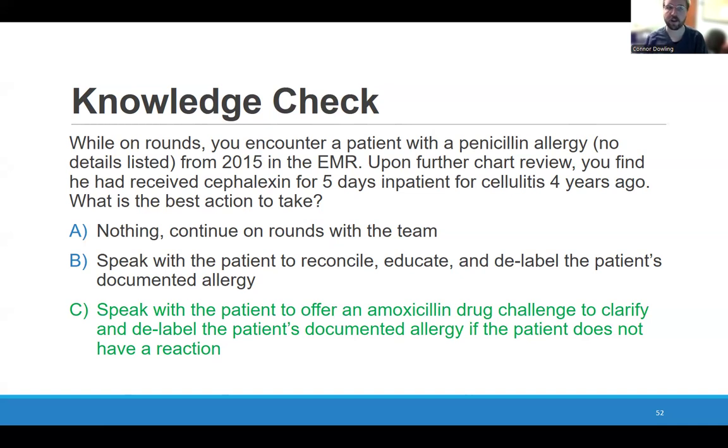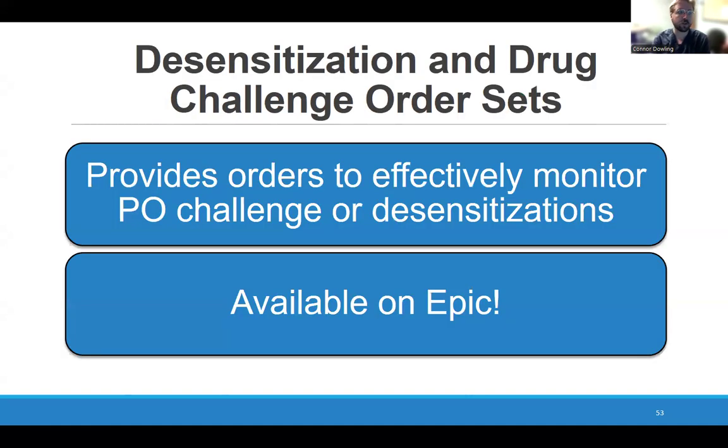If it was a situation where someone might have had an itchy rash, they're not sure, but we do see that they've tolerated cephalexin, this would put us in that low risk reaction and lead us down to that conversation with the provider, with the patient, and look to offer them a drug challenge to clarify and delabel.